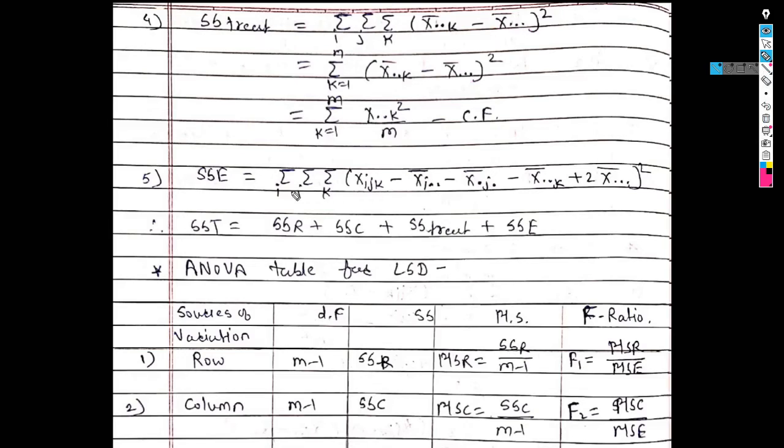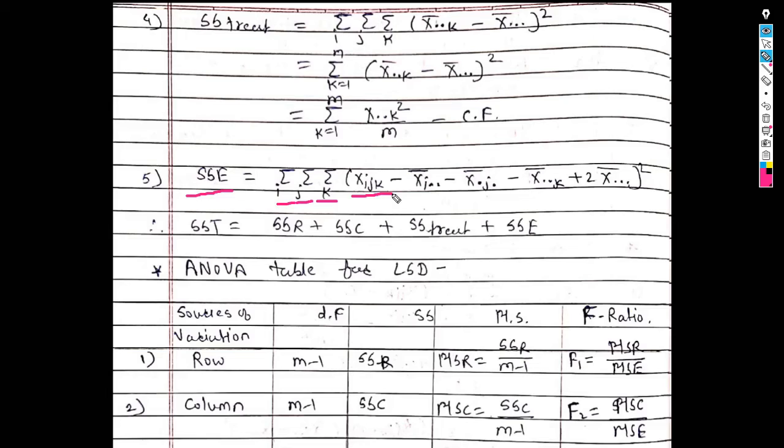Our last sum of square is sum of square due to error. Sum of square due to error is defined as summation over i, summation over j, summation over k in bracket x ijk.